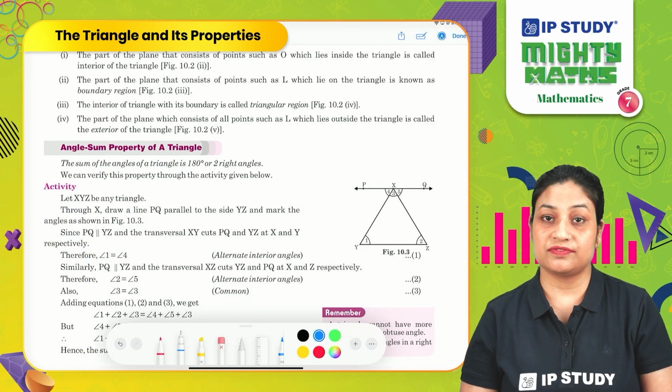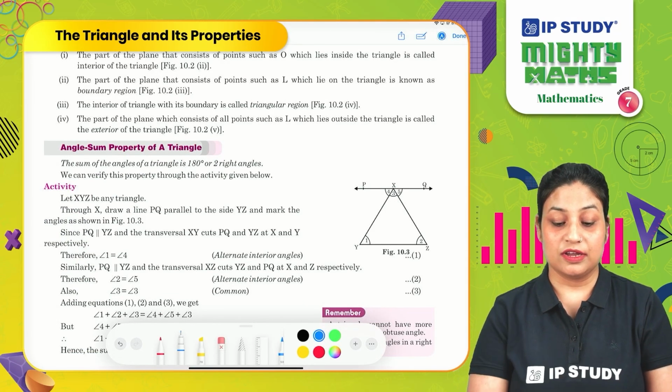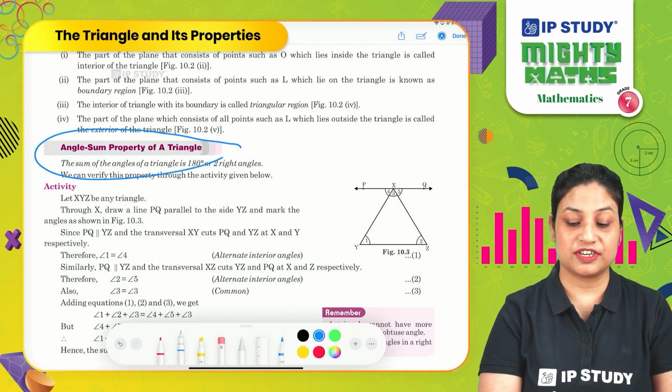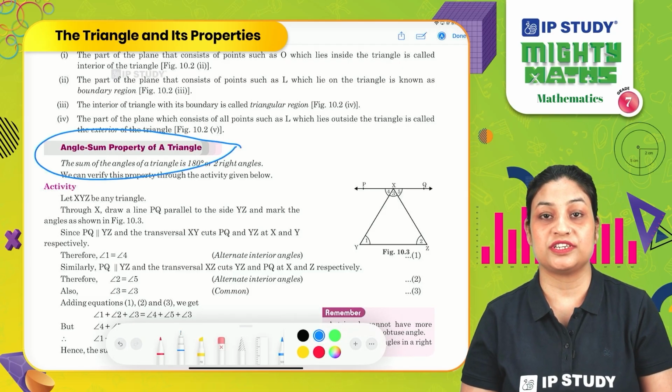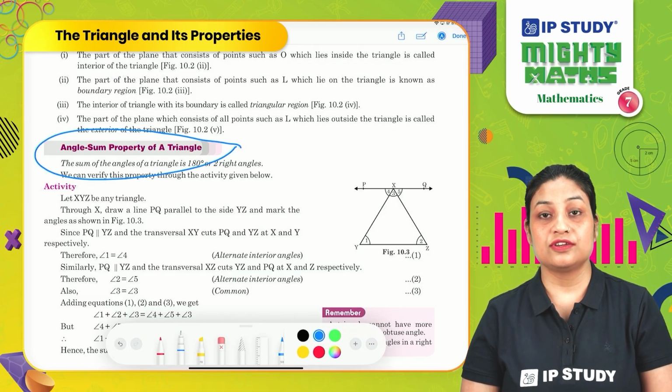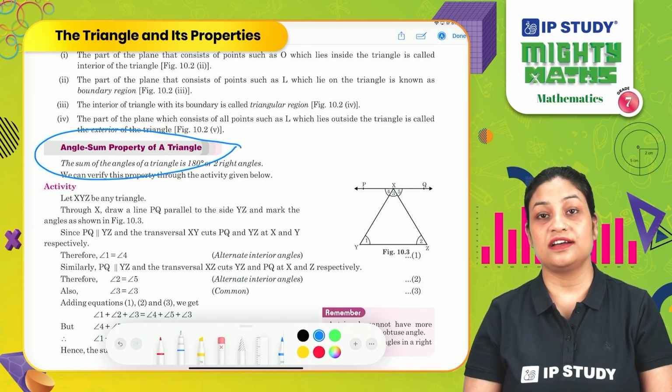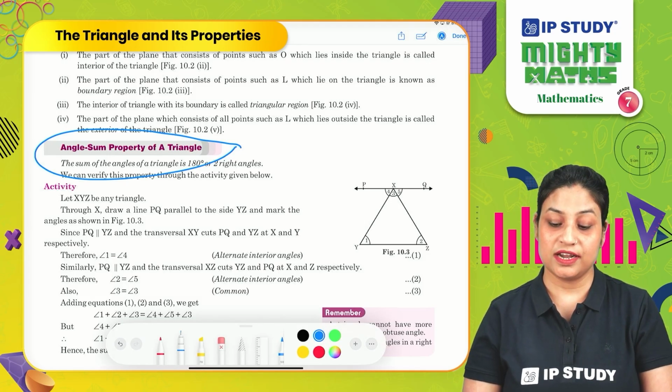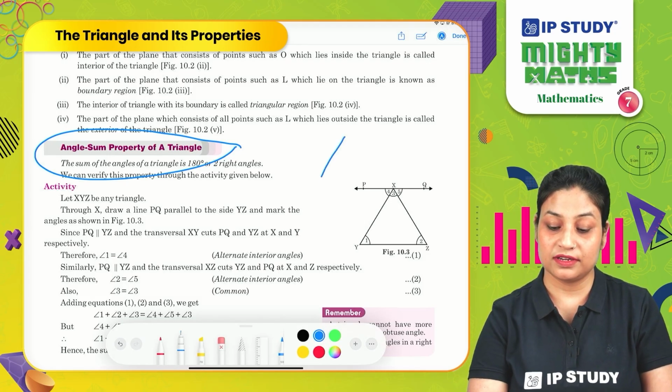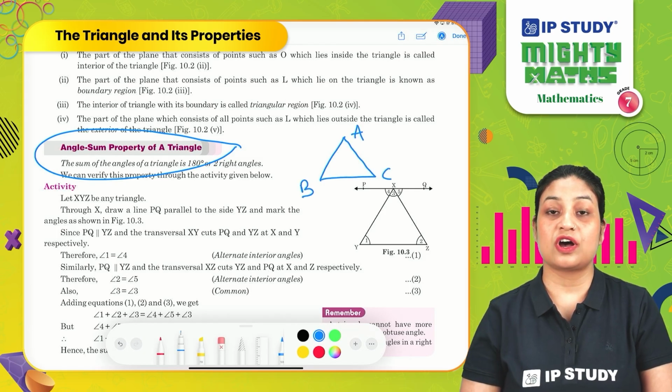So let's start with the property of triangle over here. So first of all, we have the first property, angle sum property of triangle, right? So students, we know that a triangle is made up of three angles, right? Let me take an example over here. Suppose we have this triangle ABC. So how many angles we have?